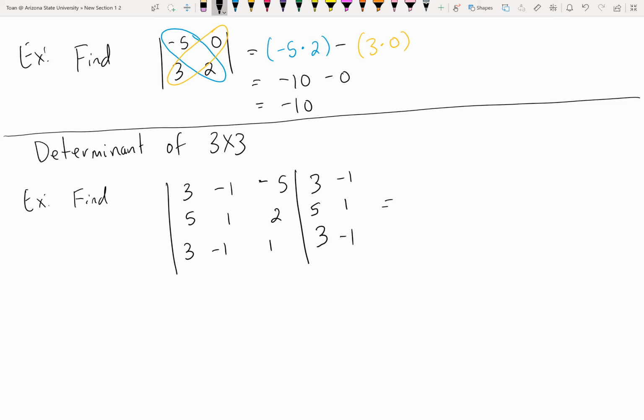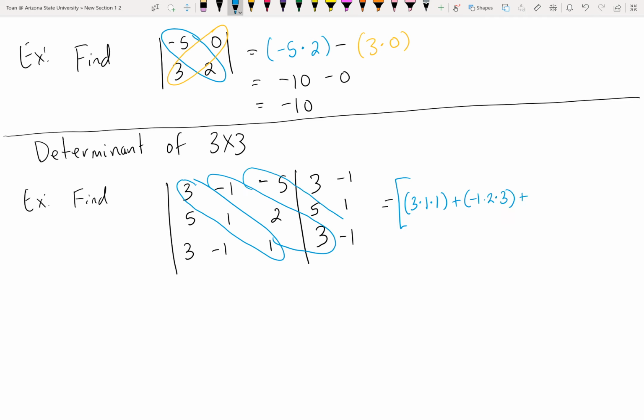By doing this, you sort of expand your matrix so we can still do this crisscross subtract pattern. So let's go ahead and calculate it. The only difference is instead of having one diagonal in each direction, you're going to have 3. You're still going to do this multiplication business, but you're going to add up all the diagonals in the end. For example, the first diagonal here is 3 times 1 times 1, plus the second diagonal here, -1 times 2 times 3, plus the third diagonal here, -5 times 5 times -1.